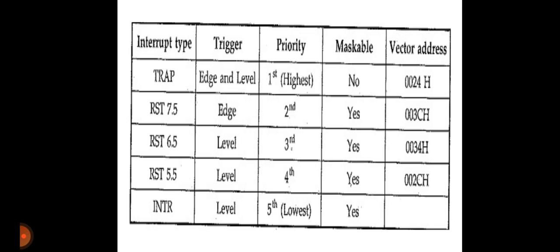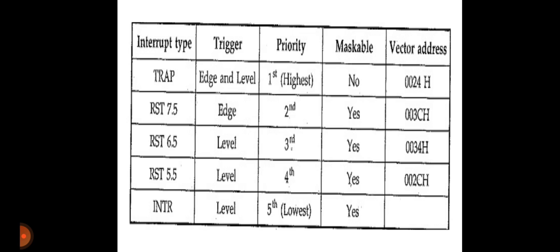This is an edge triggered interrupt and the priority is second. This is a maskable interrupt and the address is 003CH. Then the next one is RST 6.5. This is a level triggered interrupt with the third priority. Also it is maskable and the address is 0034H.